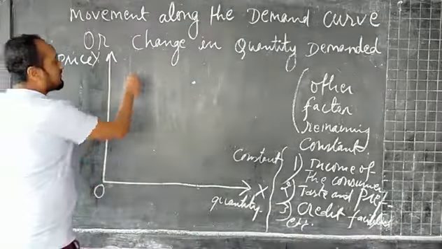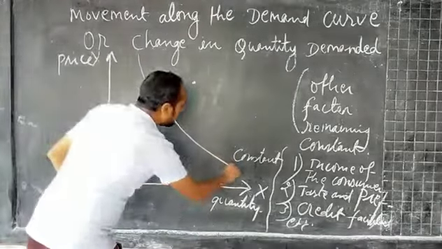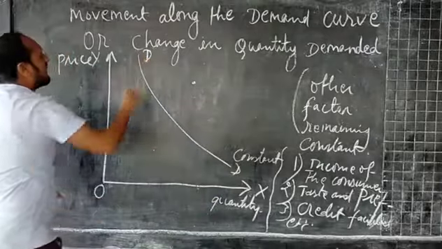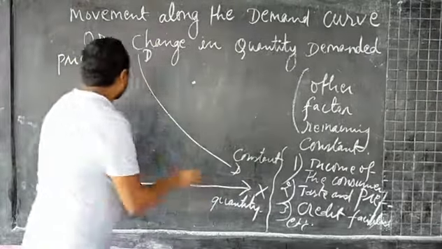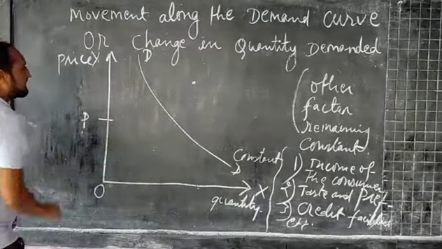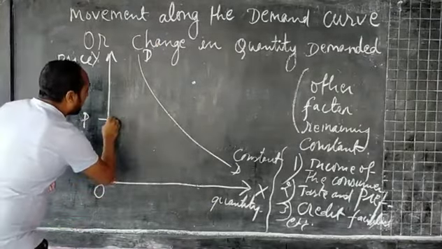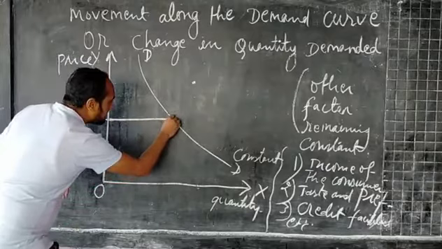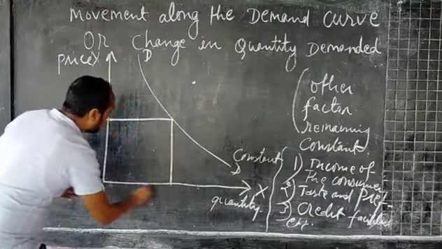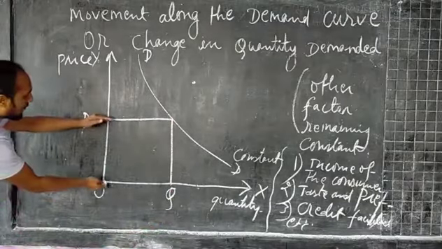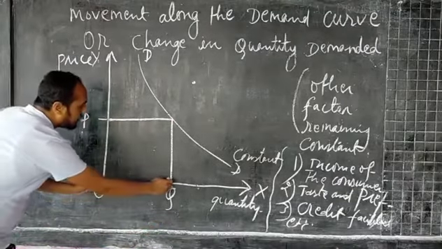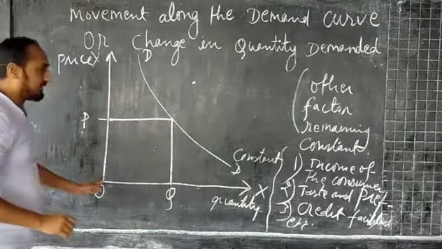Now we know the shape of the demand curve is downward sloping. Let DD be your demand curve, and let's consider P as the initial price and Q as the initial quantity. So OP is the initial price and OQ is the initial quantity.